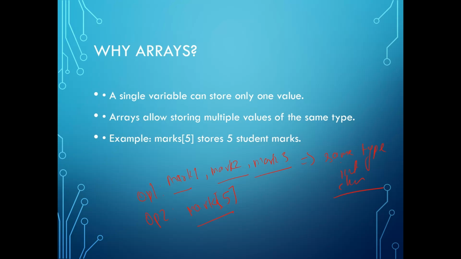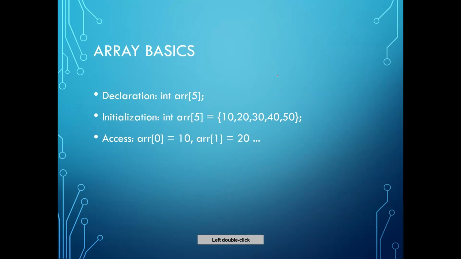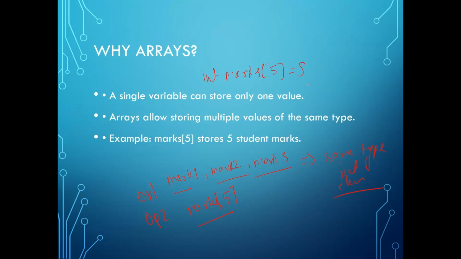So in that case, I will give you one example here. Suppose you have int marks[5] is equal to 1, 2, 3, 4, 5.